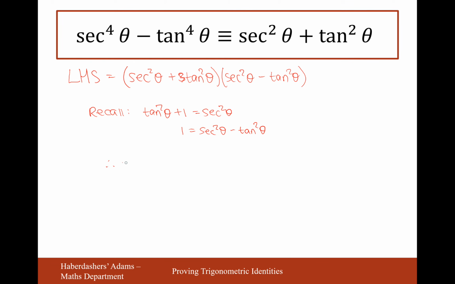So therefore, the left hand side does now equal sec squared theta plus tan squared theta, let's just write it all out, times 1. So therefore this is equal to sec squared theta plus tan squared theta, which is equal to the right hand side. Well, excellent. So there we are. We've proved this one here. Let's move on to the next one.